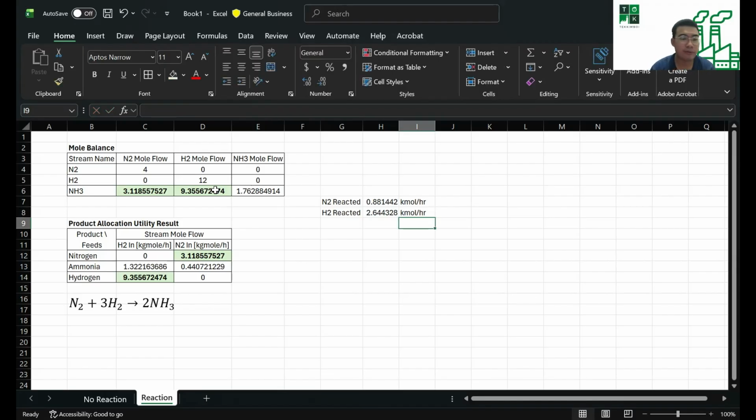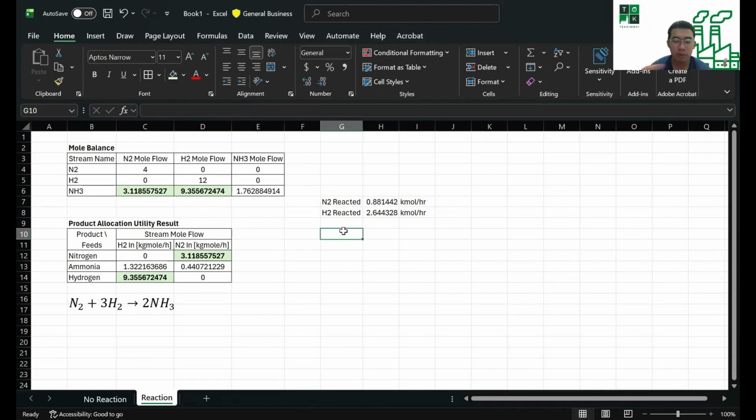Now, we could see from the reaction balance, N2 plus 3H2 becomes 2NH3. So if we react N2 by 0.88, in order to convert it in terms of NH3, we will divide by 3.